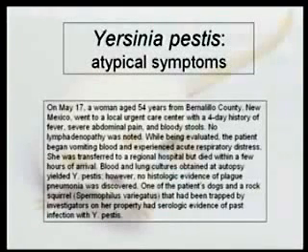Okay, blood, Yersinia pestis. However, no histologic evidence of plague pneumonia was discovered. One of the patient's dogs and a rock squirrel that had been trapped by investigators on her property had serologic evidence of past infection with Yersinia pestis.